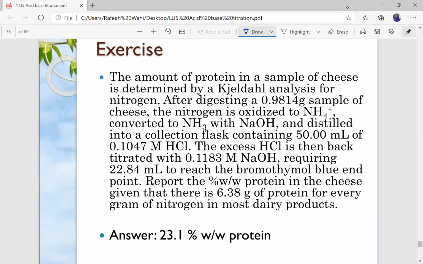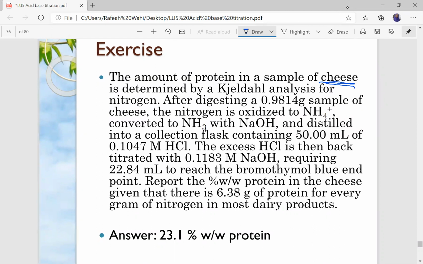Easy, right? So if you look at this question exercise, it is also the same approach that you can use. Okay, let's see the question here. We have a sample of cheese. Cheese is a dairy product. So for dairy product, we have 6.38 gram factor. Okay. So we have a mass of sample 0.9814.